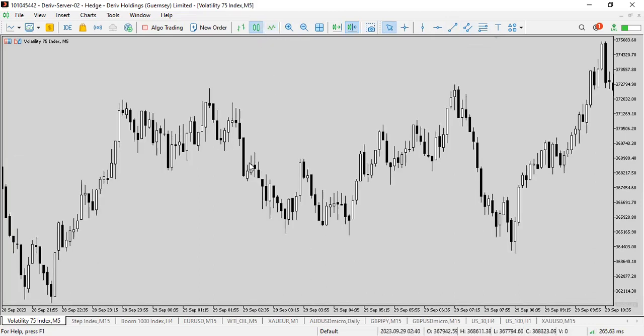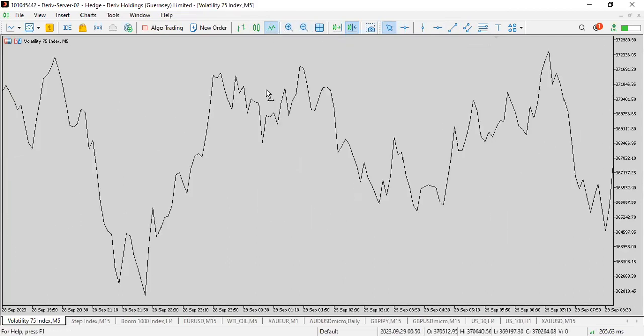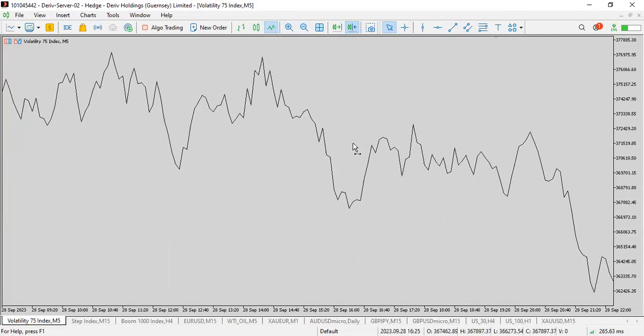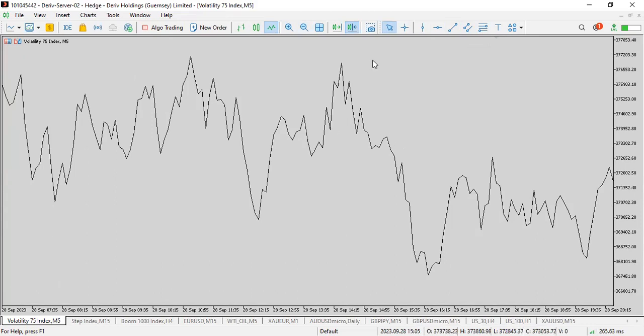And price moves downward. So that's the logic. Yeah, like what happened here, PML. Price moves. You see this place. 1, 2, 3.